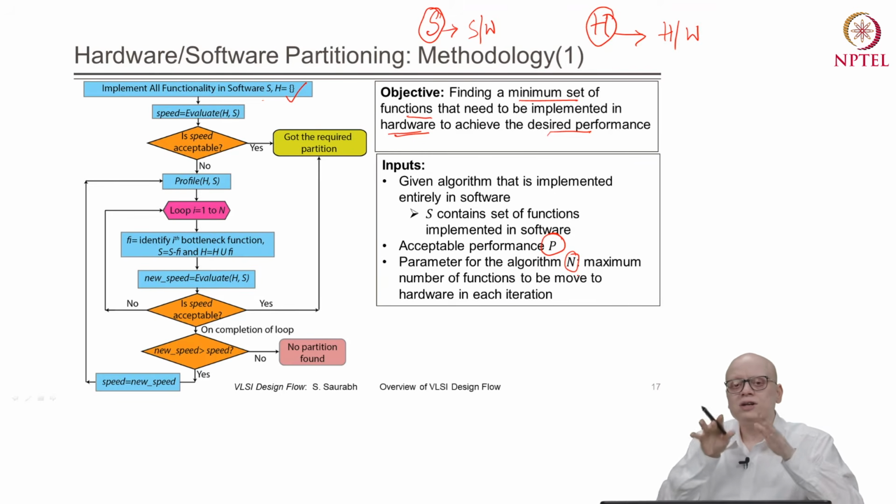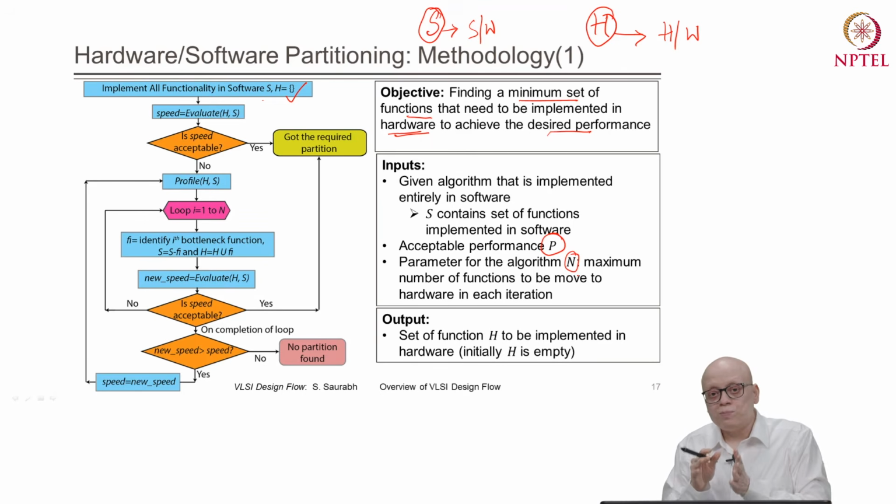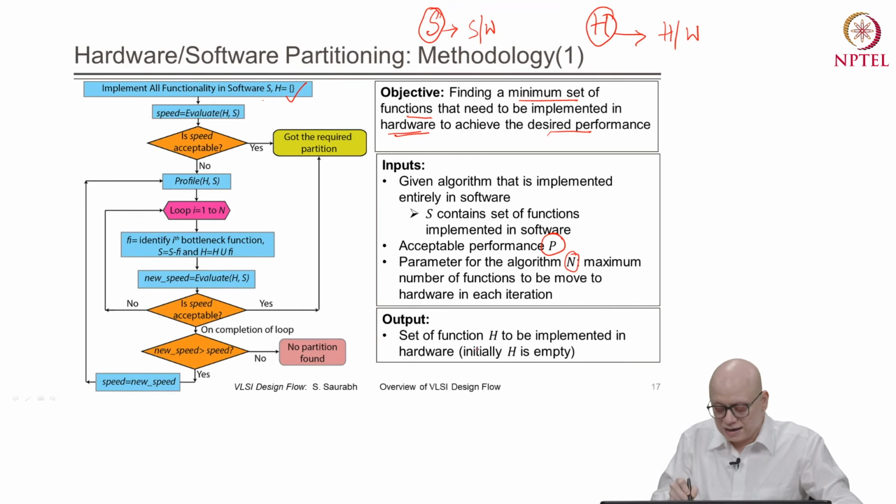The input is the set of functions which need to be implemented for a given algorithm, and all are initially in software, right. And at the end, what we want as output from this partitioning is a set of functions H that needs to be implemented in hardware, right.